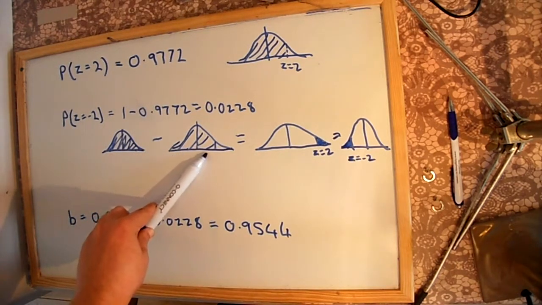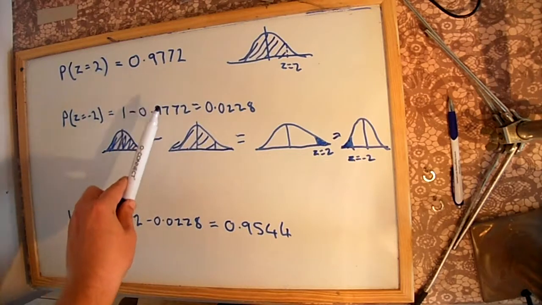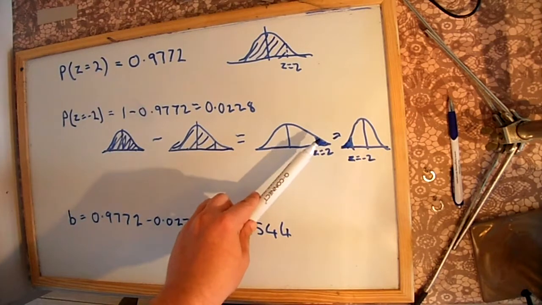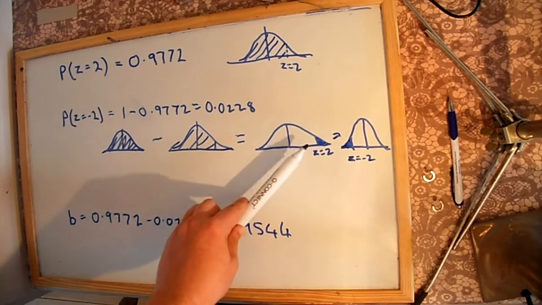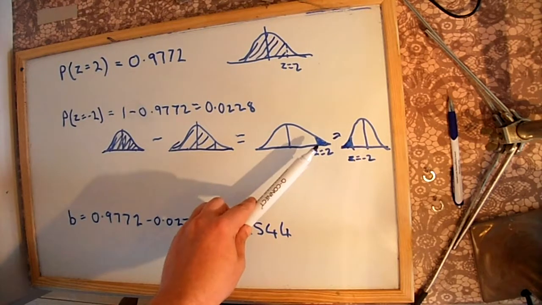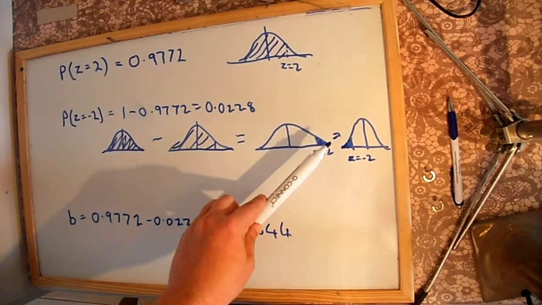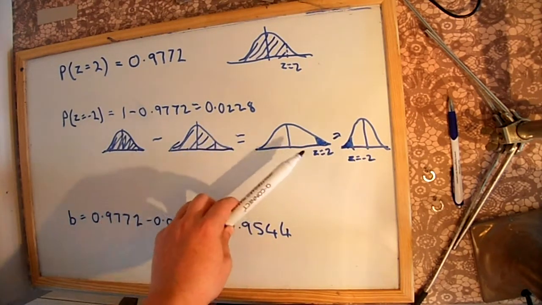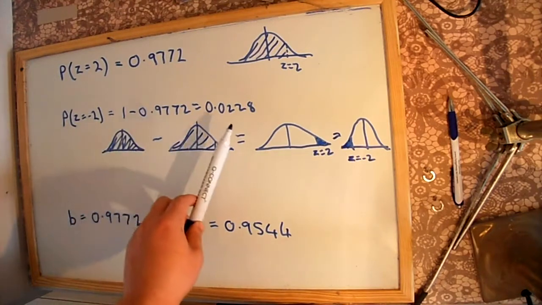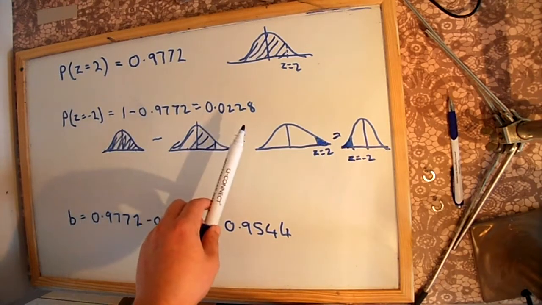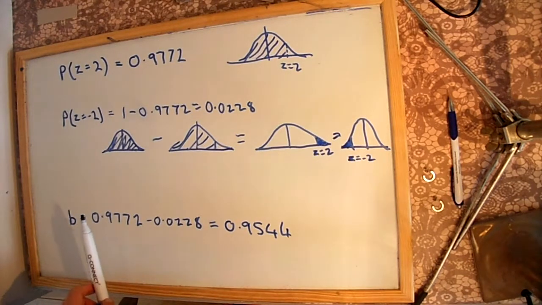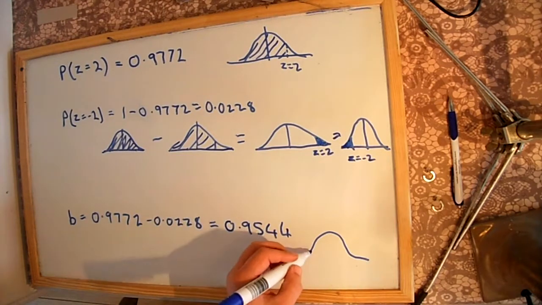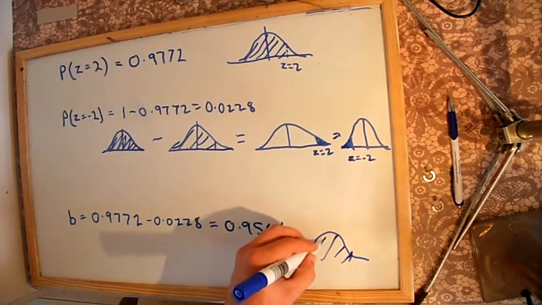Take away z equal to 2, which is shown up here as 0.9772, and that's going to equal z equal to 2 upwards, which is just this little bit of the tail, and that is the same as z equal to -2 backwards. So that's how we find z equal to -2, which we find is 0.0228.